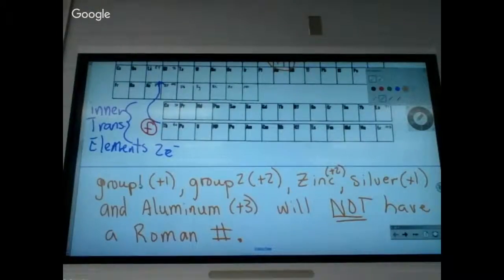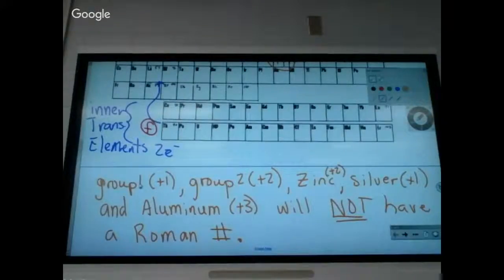If you're not one of those elements, you must have a Roman number. It's that simple. Groups 1, 2, 6, 7, 11 will not have a Roman number. If you're not one of them, you must include a Roman number.